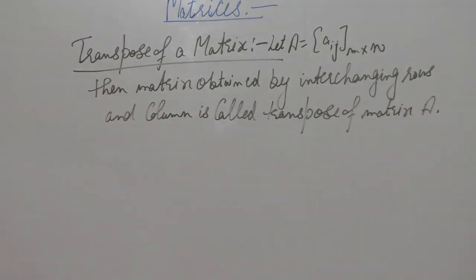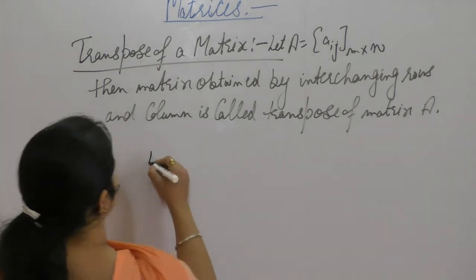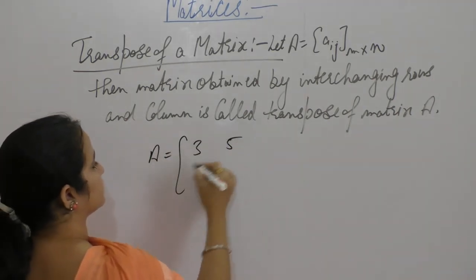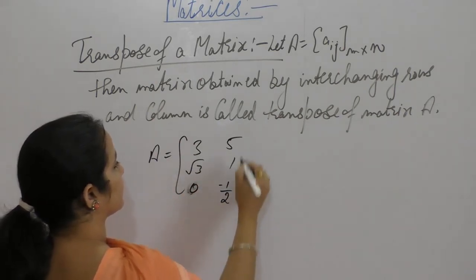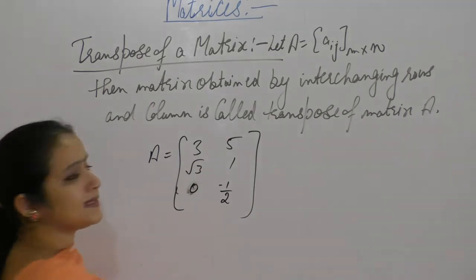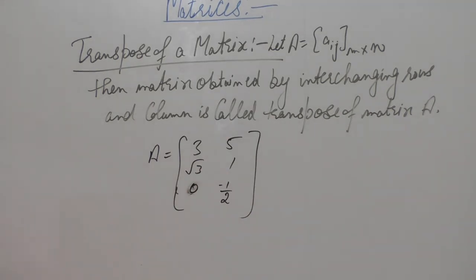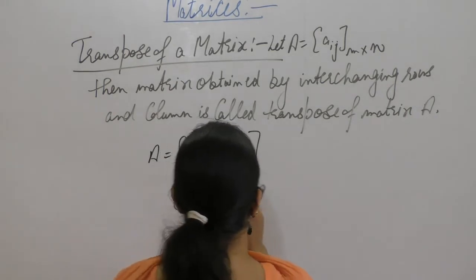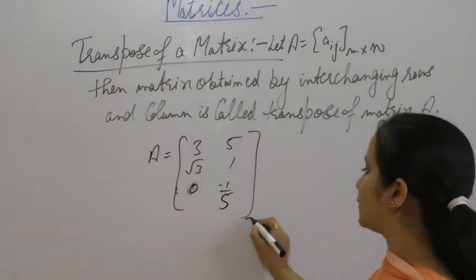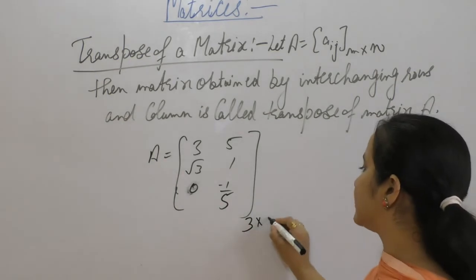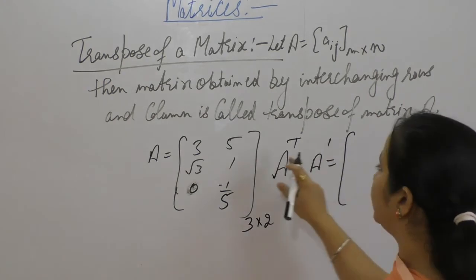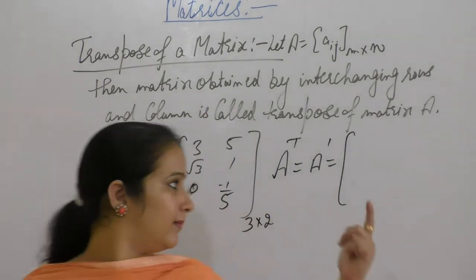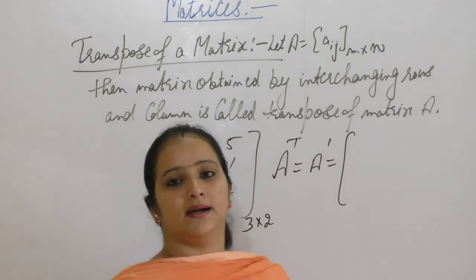Let A be the matrix [3, 5; square root of 3, 1; 0, minus 1 by 5]. In this matrix, we have 3 rows and 2 columns. Now, the transpose of a matrix, we can denote A transpose as A power T or A dash.